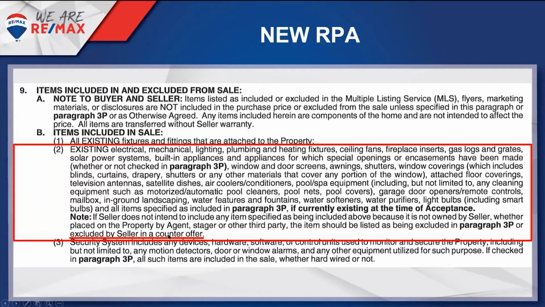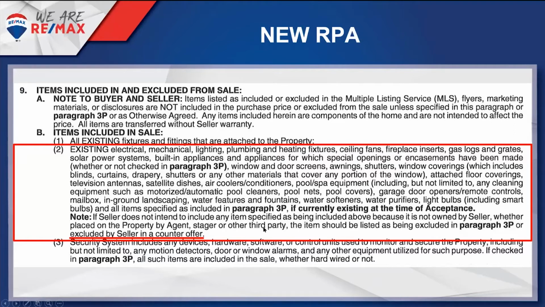You may not have the opportunity to fill in anything on 3P because you can't write in as a seller or listing agent above the buyer's signature. So the buyer checks something that they want you to include, and the seller says he's not going to include it. Well, then the seller should counter it out. Okay, now, where this is important is the buyer does not know if something is owned by the seller or not, if it's in the property.